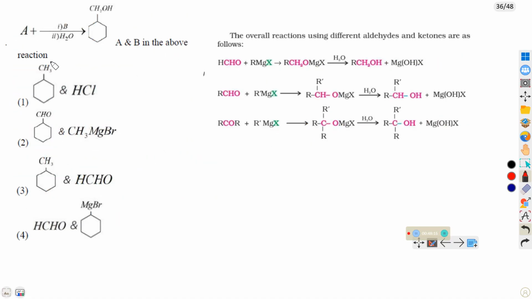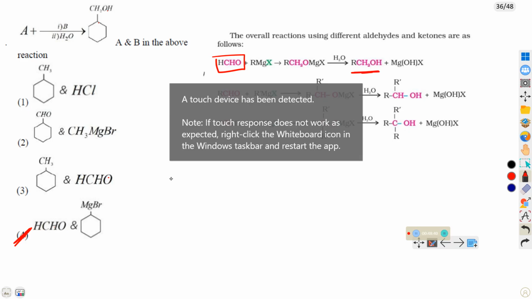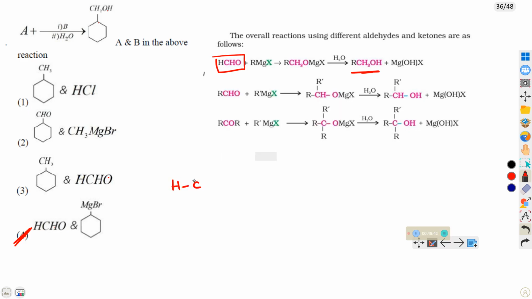A and B in the above reaction: what is formed? An alcohol is formed. Which type? A 1 degree alcohol is the product. The reactant is formaldehyde, present here and also here. Formaldehyde reacts with a Grignard reagent. Check it. HCHO reacts with the Grignard reagent, cyclohexyl MgBr.